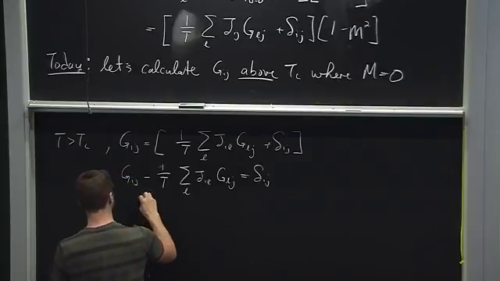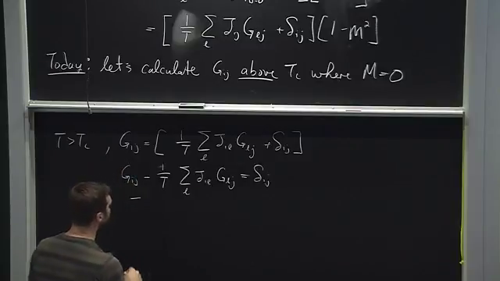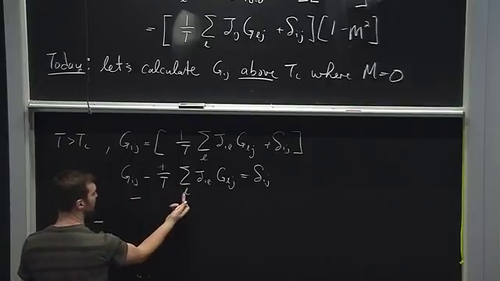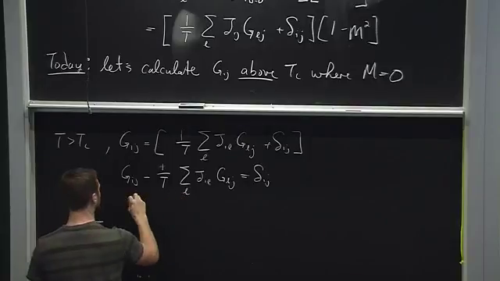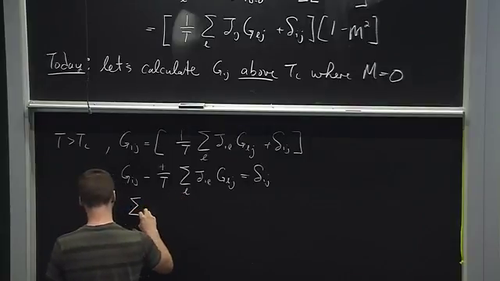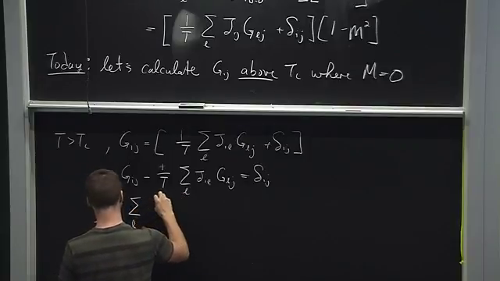Okay, so what I actually want is to factor this out. I have a sum here, so I can use a delta function and write a sum over both terms.